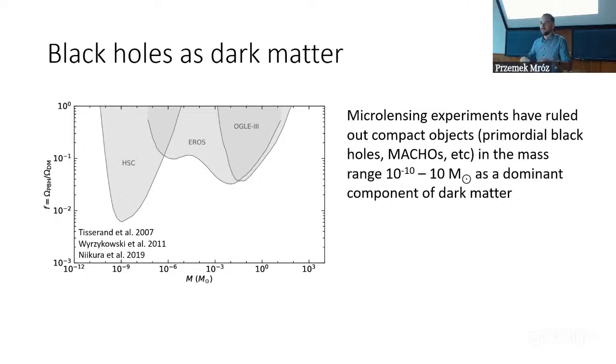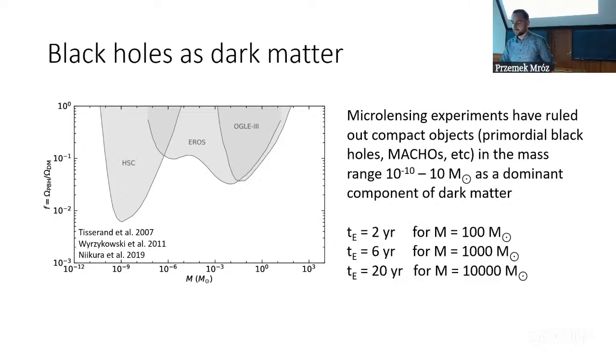But LIGO and Virgo black holes had masses of 30 solar masses, 100 solar masses, that were much higher than the limits we got from microlensing at the time.